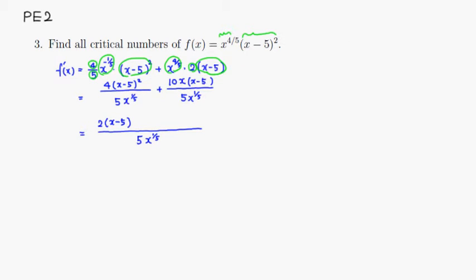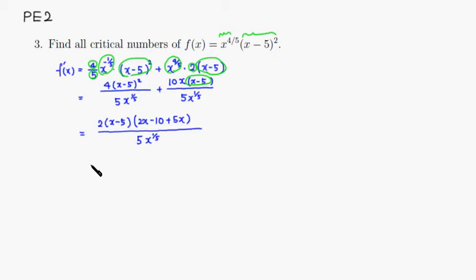What's left from the first term: pulling 2 out leaves 2, then you have another x plus 5, so I distribute 2 to x, 2x, and 2 to negative 5, so it's negative 10. Then here we took out x minus 5 and 2, so that would be 5x left over, so it's plus 5x.